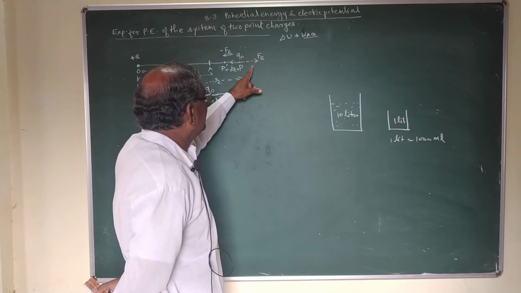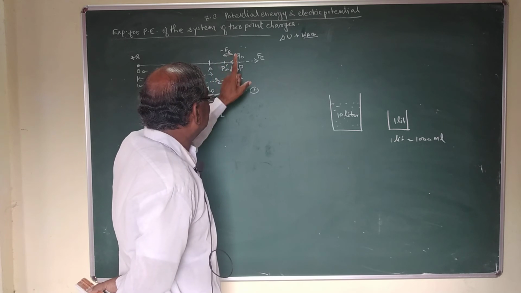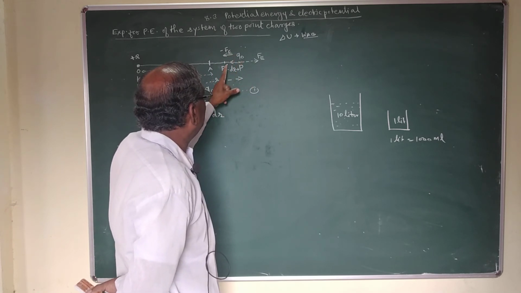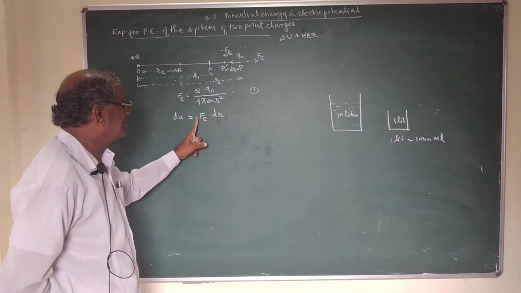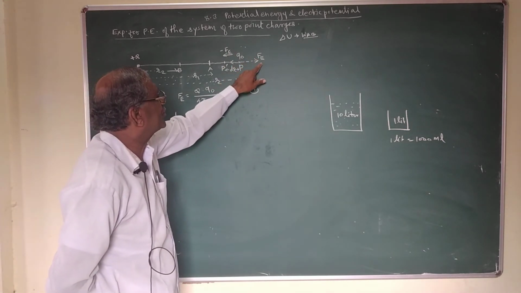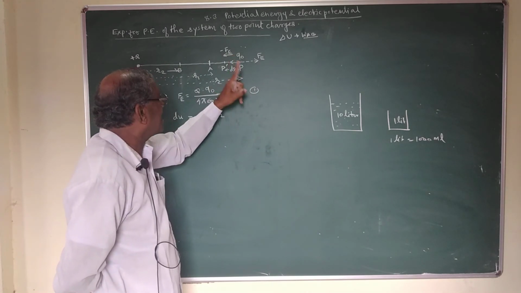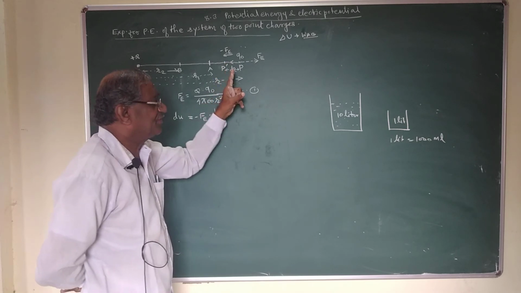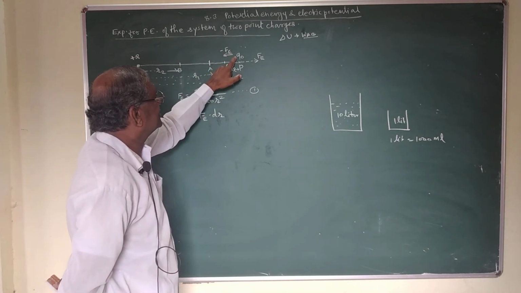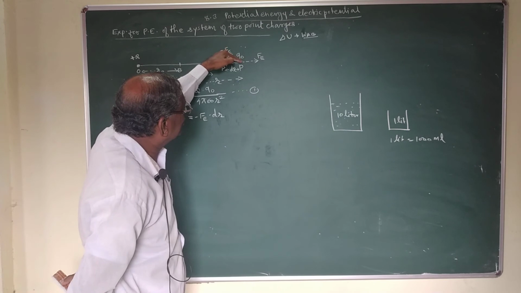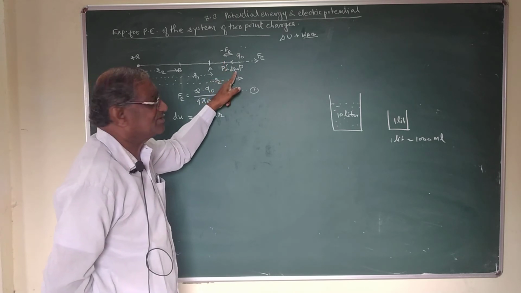This work done by the applied external force in displacing the Q0 charge from P to P dash is given by dU equals minus F into dr, because we have to apply an external force of the same magnitude as this force, opposite to the repulsion, and then the Q0 charge starts displacing from P to P dash through a very small distance dr. It means that this applied external force does some work on the Q0 charge in displacing it through a very small distance.